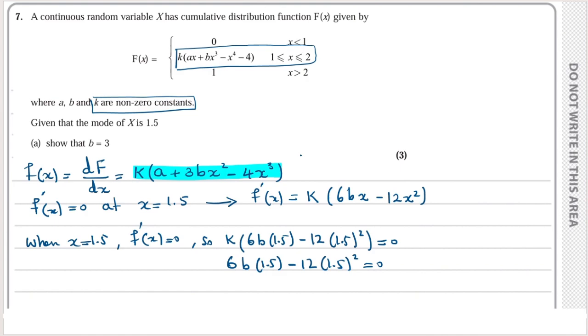So 6 times 1.5 is 9b, minus 12 times 1.5 squared, which is 27, equals 0. So 9b equals 27, and that gives us b equals 27 divided by 9 equals 3. And that's what the question wanted us to show.